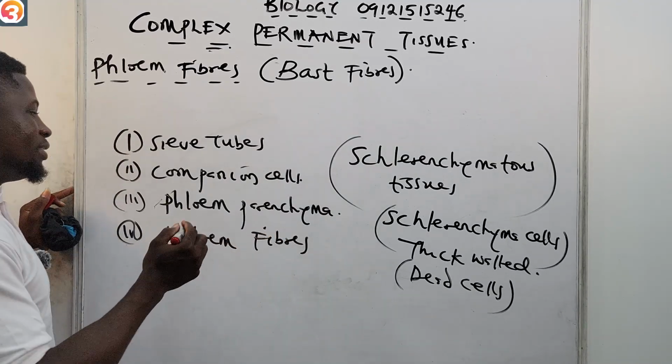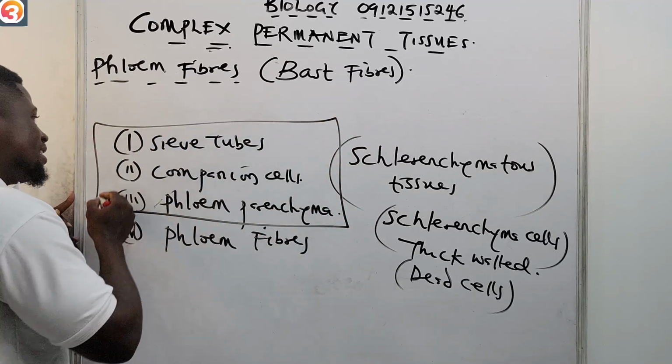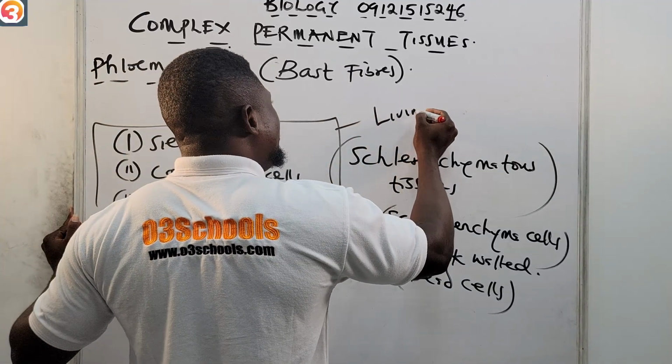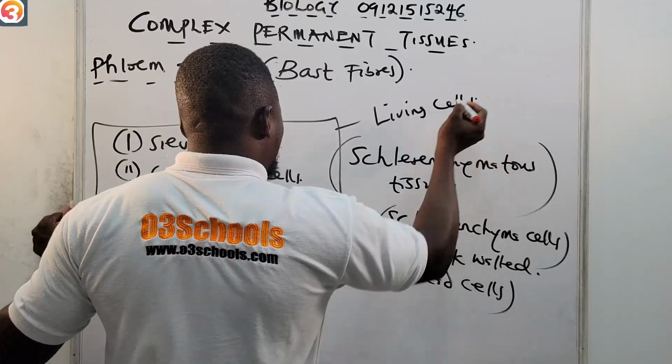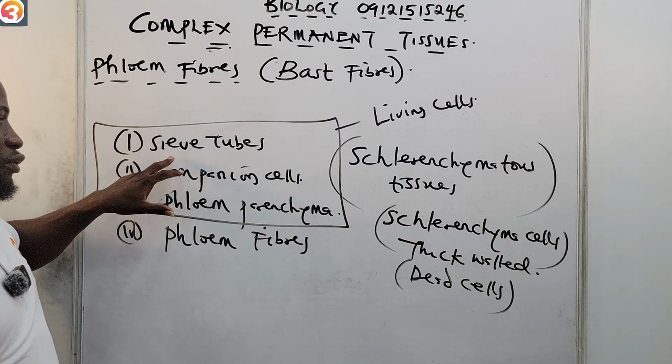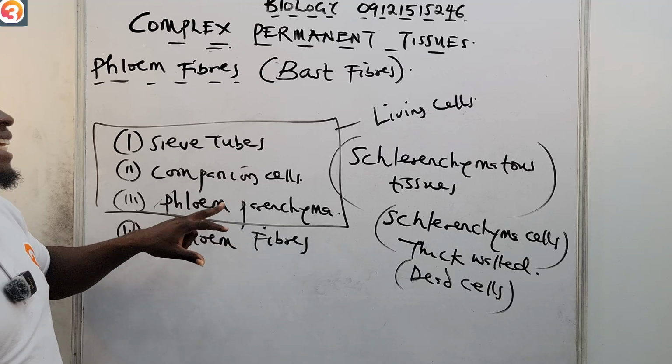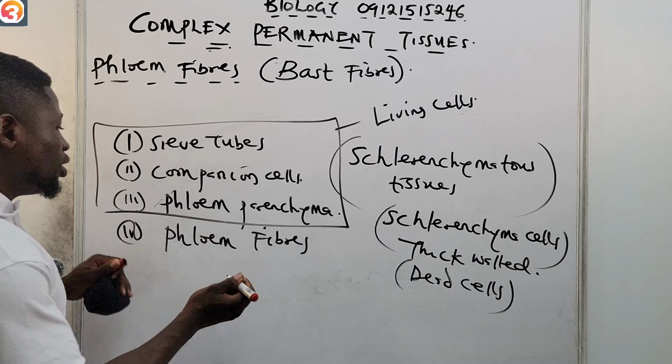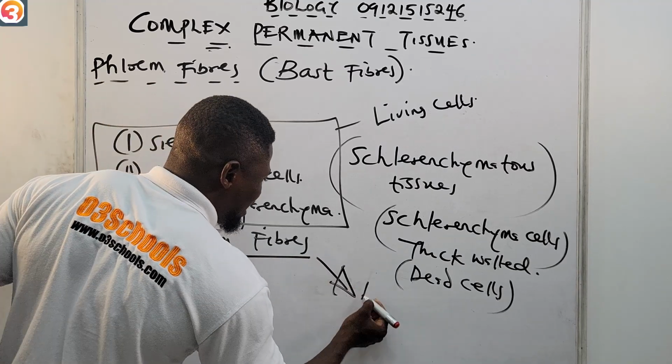Among all of these four, the first three, sieve tubes, companion cells, and phloem parenchyma, are living cells at maturity. Take note. Only the phloem fibers are dead cells.